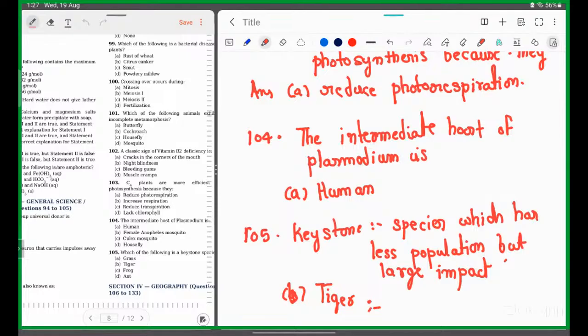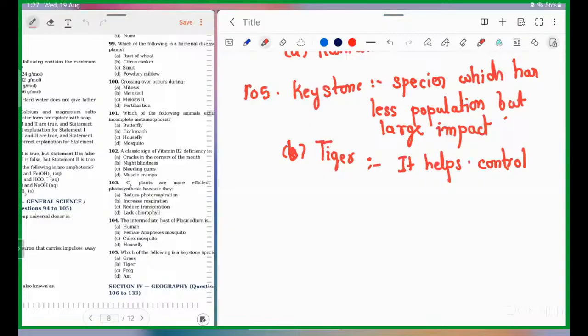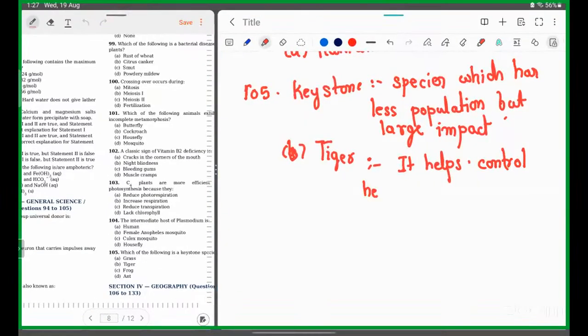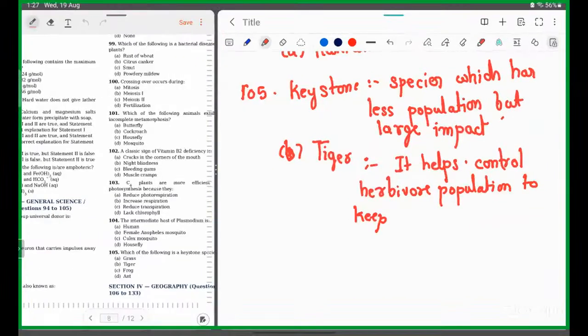If there are many herbivores, there will be very little grass in the forest.